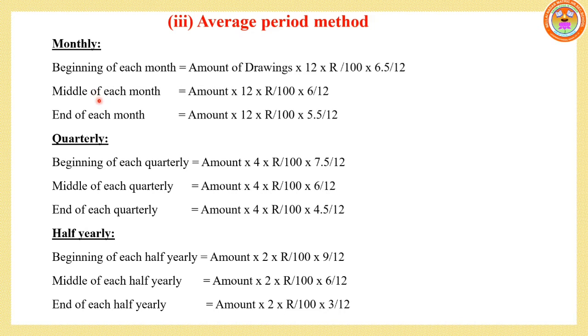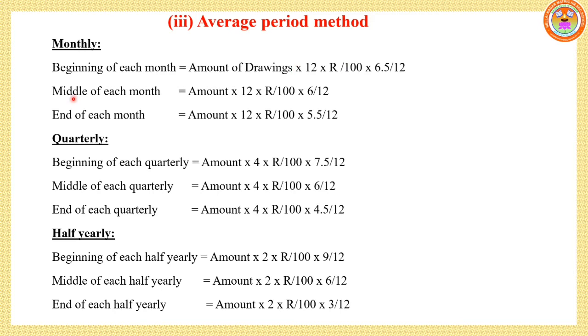If he has withdrawn at the beginning of each month, the formula is amount of drawings into 12, because per year 12 times he is taking money from the business, into rate of interest by 100 into 6.5 by 12. For the beginning of each month, the average period is 6.5 by 12.